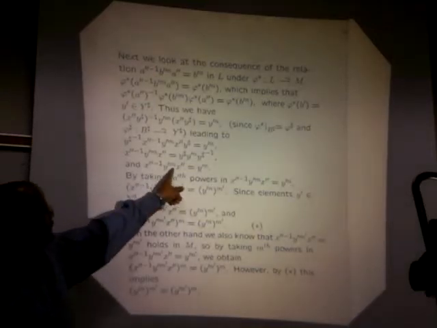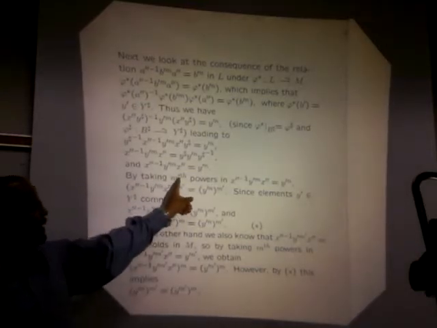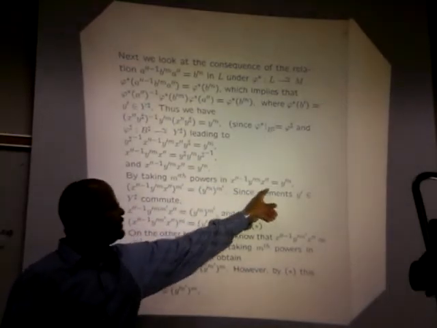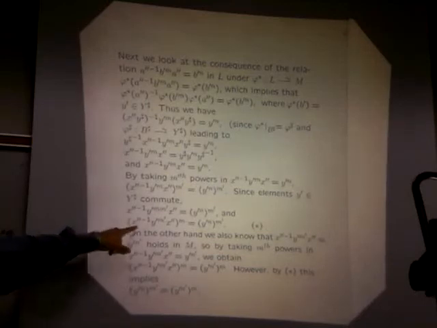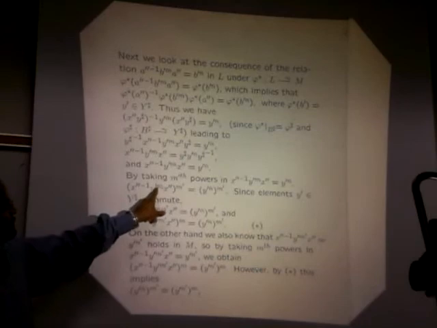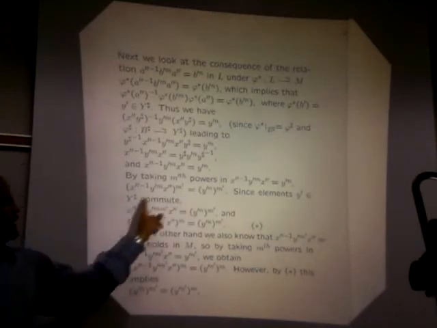So notice now we have two equations. We can take the n prime power of this relation, and then the n power of the other one. Because the y commutes just like the b's, we can shift things around.